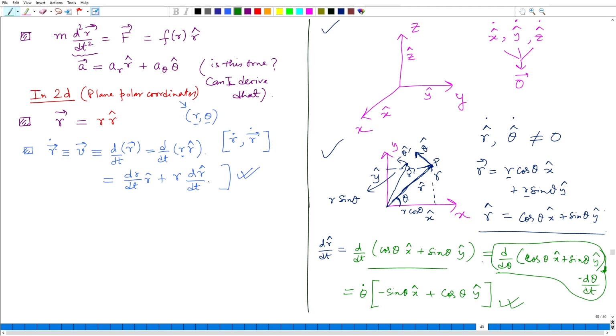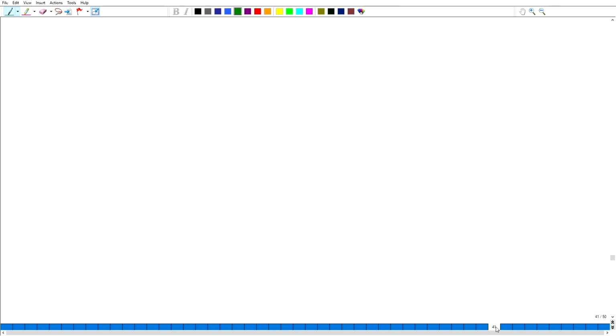So, for that I want to digress a little bit at this moment and talk about a more general concept: how in a curvilinear coordinate system you can calculate the unit vectors without much problem. For example, in the 2D Cartesian coordinate system you have x and y.